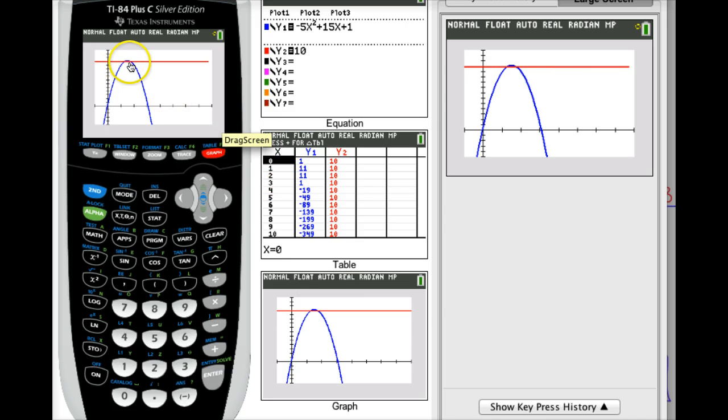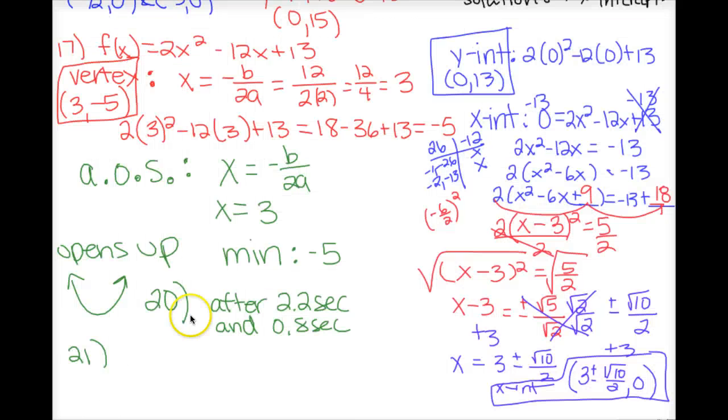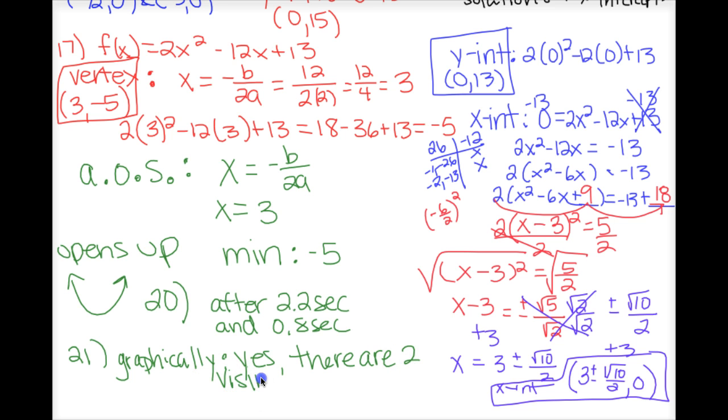If you look here, the blue does go just above the red line, which means yes, it is going to reach a height of 12. So graphically, we can say yes, there are two visible intersection points.